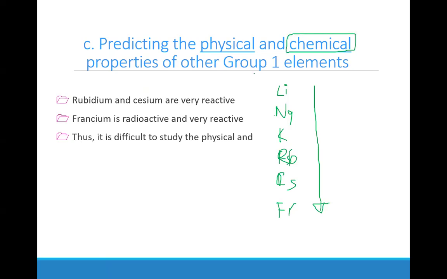For example, if you drop a piece of lithium in water, it will react with water in an exothermic reaction. But if you drop a piece of potassium in water, potassium will react more vigorously with water as compared to lithium, because as you move down group 1, the reactivity increases.